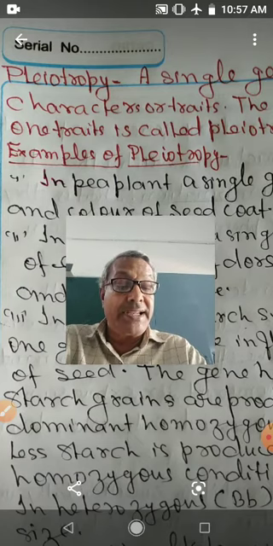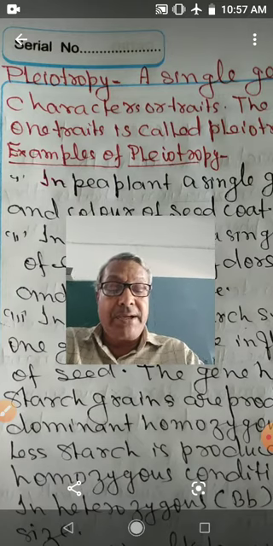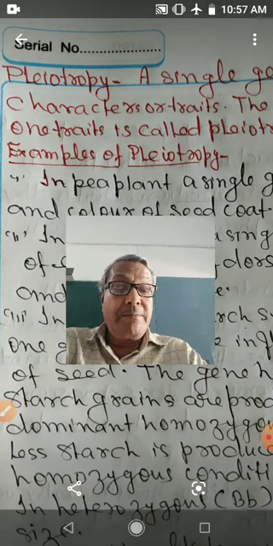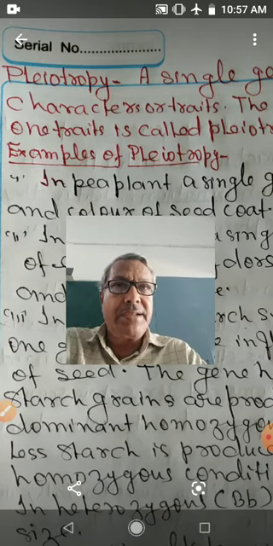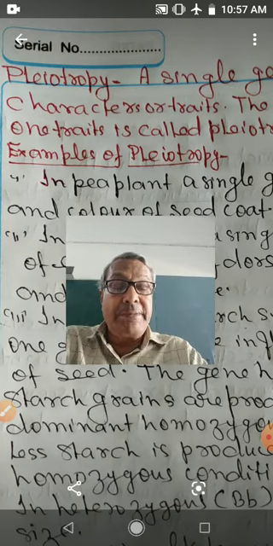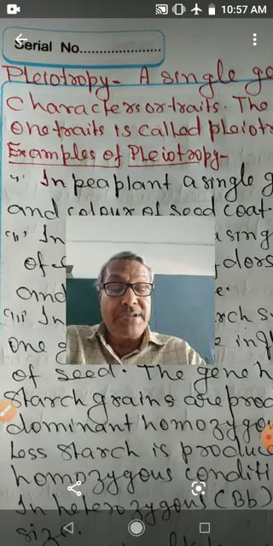Due to mutation of gene, the enzyme becomes inactive. So when enzyme phenylalanine hydroxylase becomes inactive, then phenylalanine is not converted into tyrosine and melanin pigment is not produced.